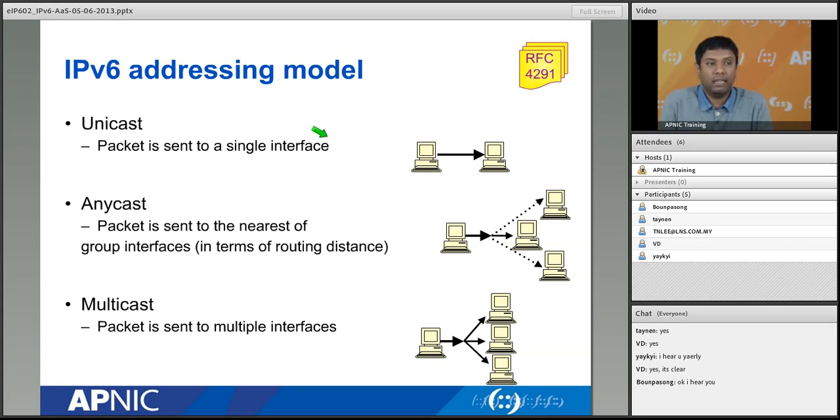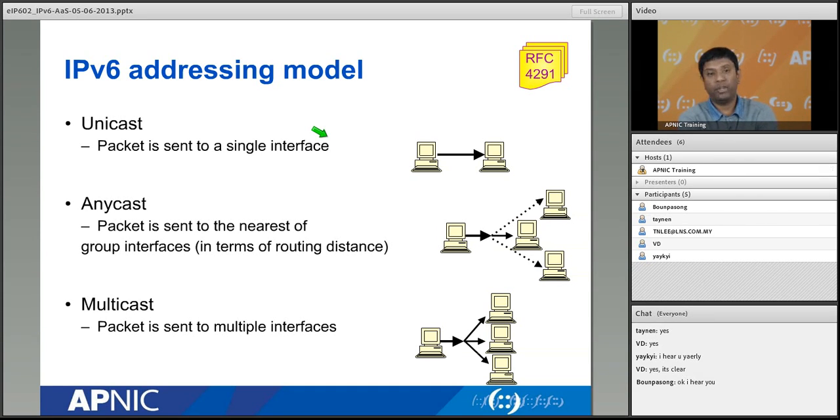Then we have anycast and multicast in IPv6. First let's look at multicast. Multicast transmission is when the source machine creates a single packet, not a stream of packets, just a single packet. On that packet, the source address is a unique address and the destination address is a group address, not a unique address as in unicast. So who will receive the packet?